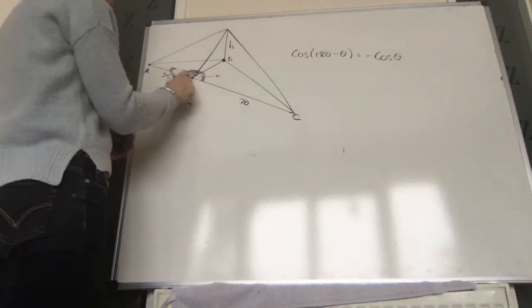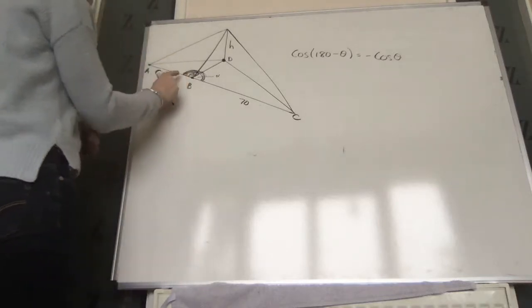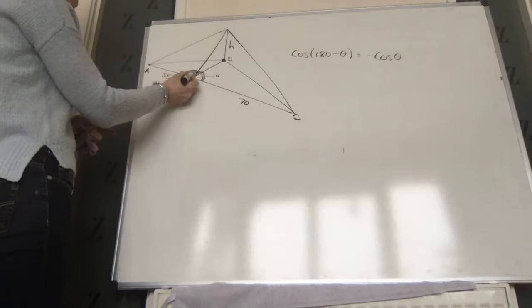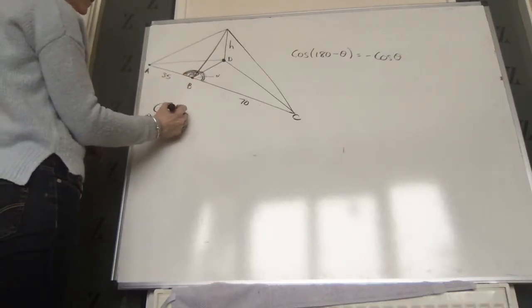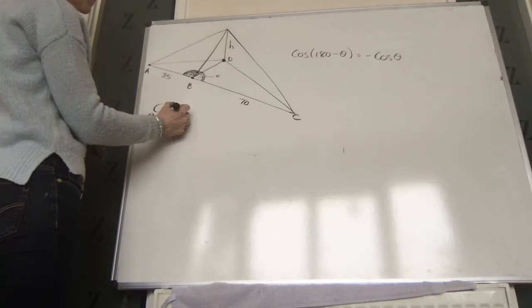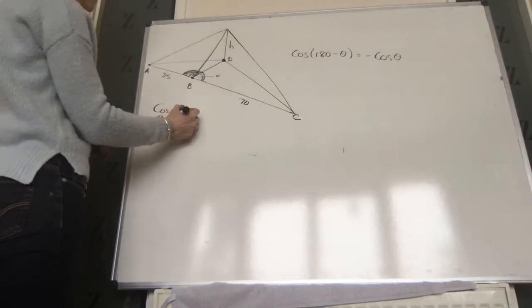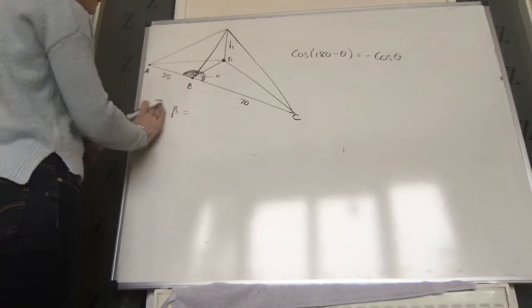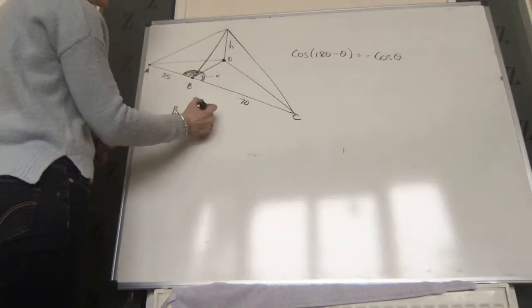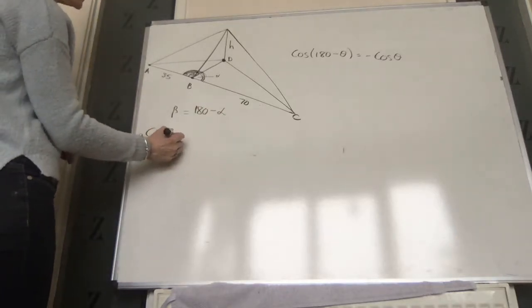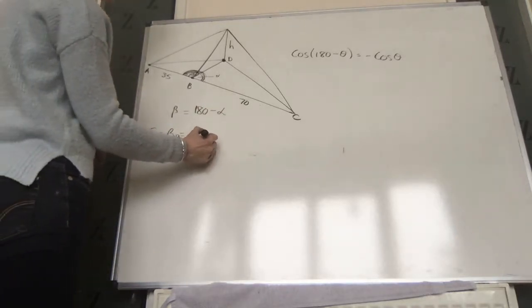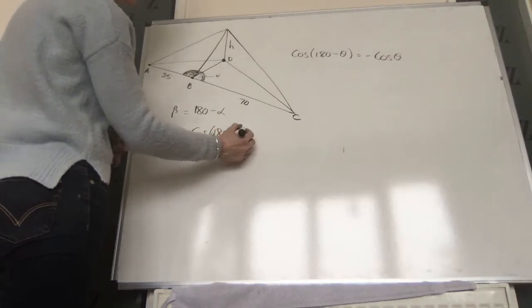Okay, so I think what they're expecting us to say is, the cosine of beta, well, let's put it this way, beta is 180 minus alpha. So the cosine of beta is equal to the cosine of 180 minus alpha.